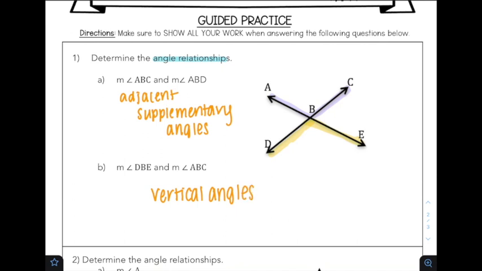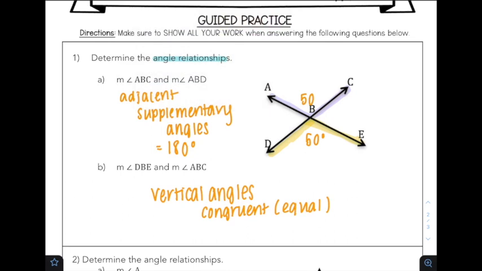Here we're just identifying the relationships. When we talk about supplementary, they're going to add up to 180 degrees. Vertical angles are congruent, meaning they are equal to each other. So if ABC is 50, I know that angle DBE is going to be 50 as well, because they're vertical and they're equal.